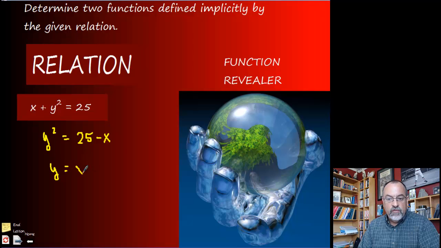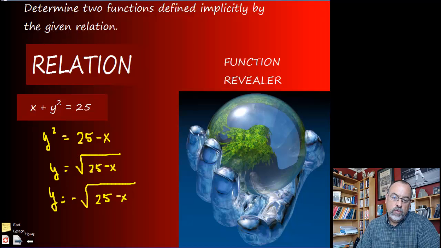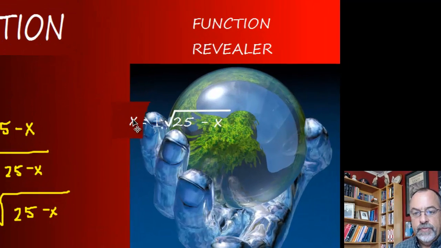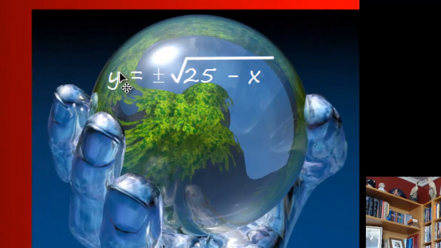So y is equal to the square root of 25 minus x, and y is also equal to the opposite of the square root of 25 minus x, or you could put a plus or minus in front. So these two equations are equations of functions implied by the relation that's given.